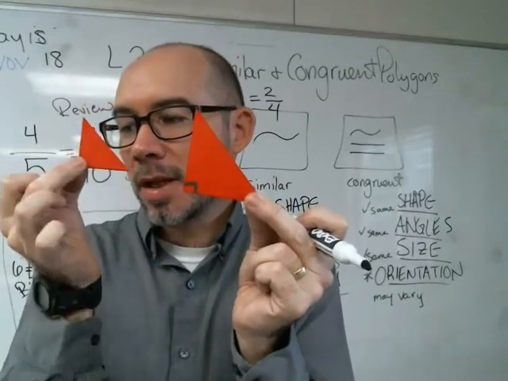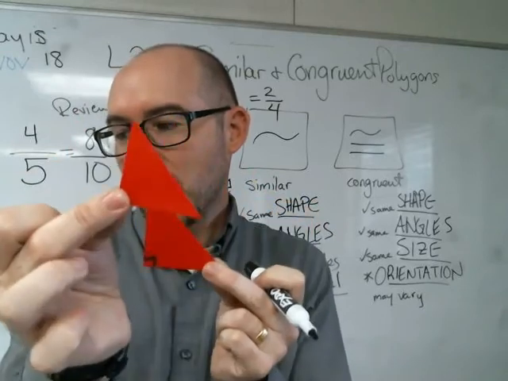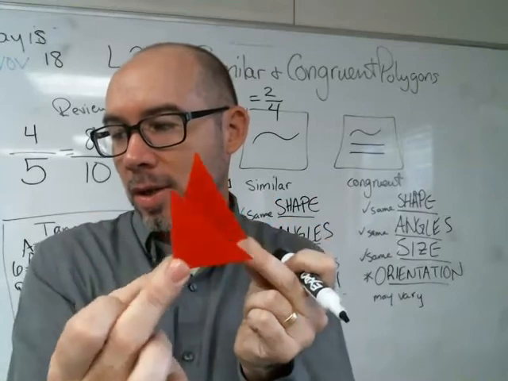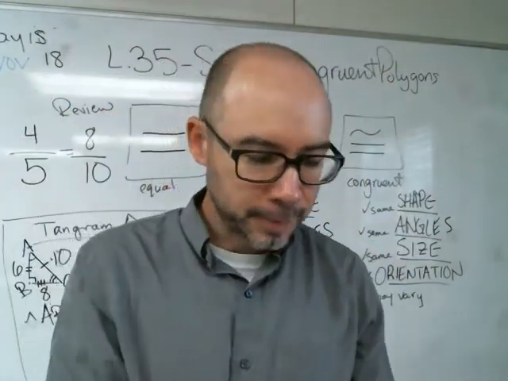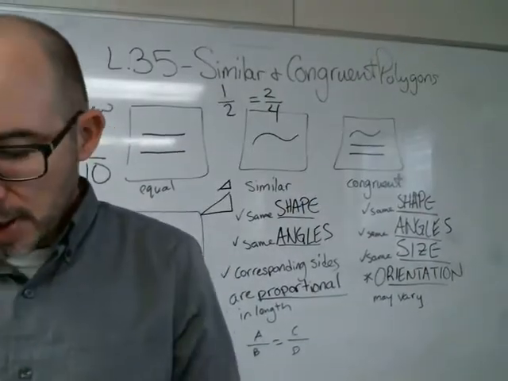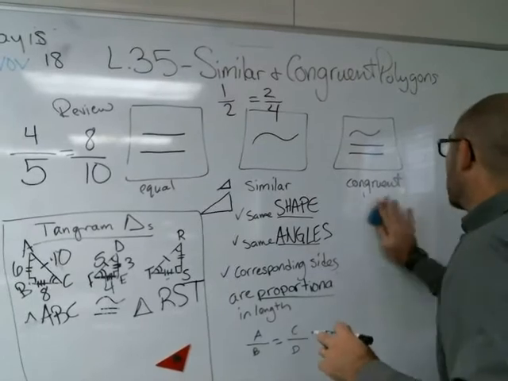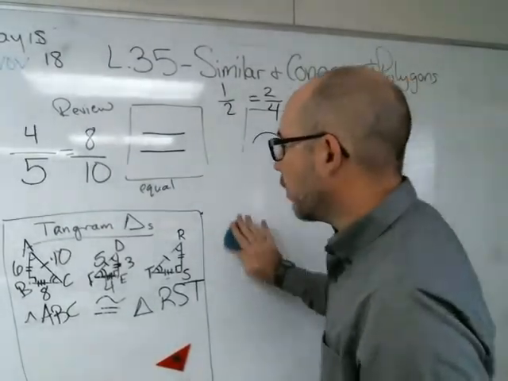I can scale them up and scale them down until I get that sweet spot where they're like the same shape. They might be different orientations, but everything else about them stays the same. That's kind of the rule here. There's two things working for us.